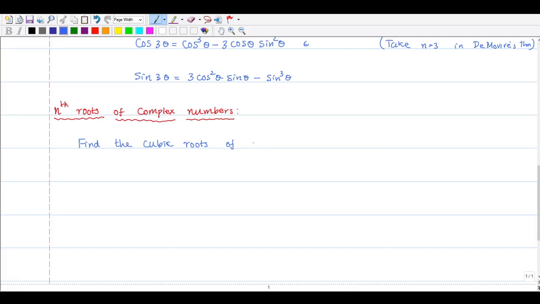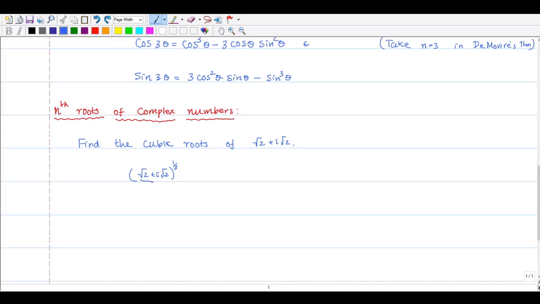That is, we have to calculate (root 2 plus i root 2) to the power 1/3.